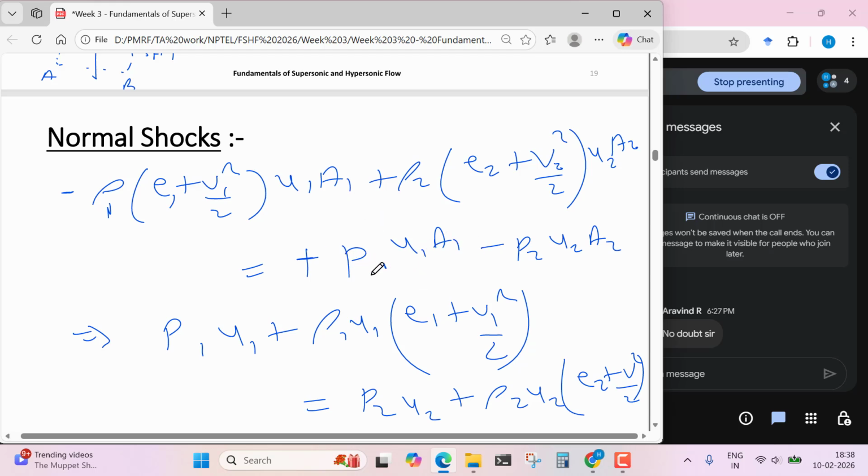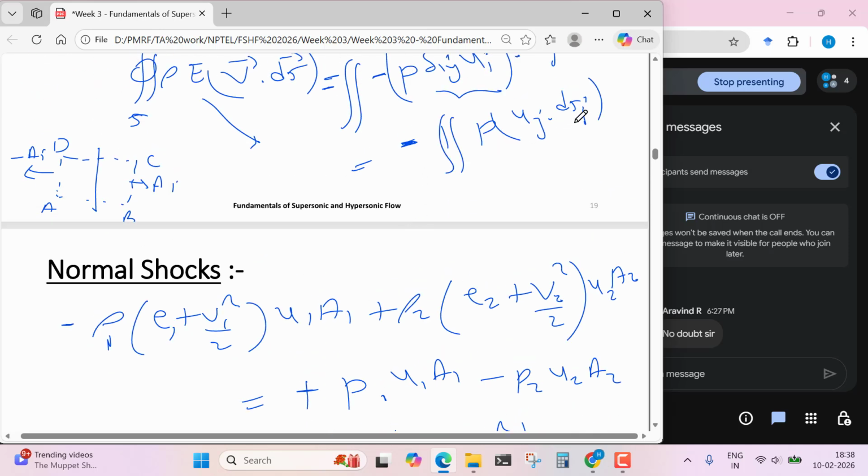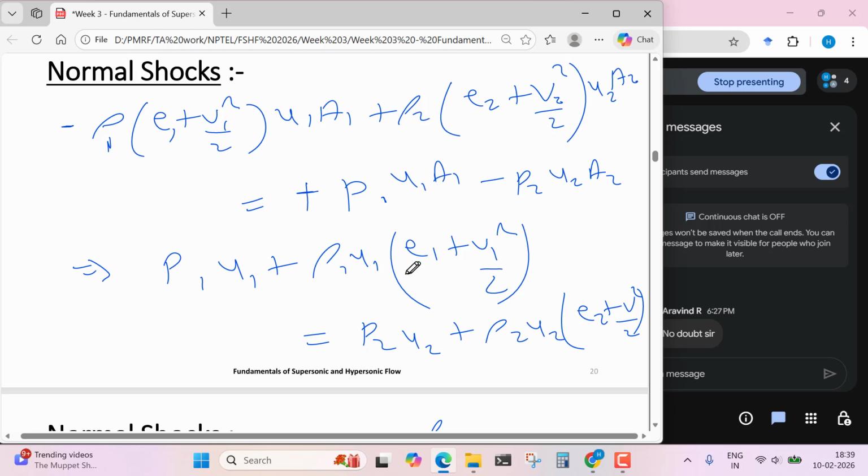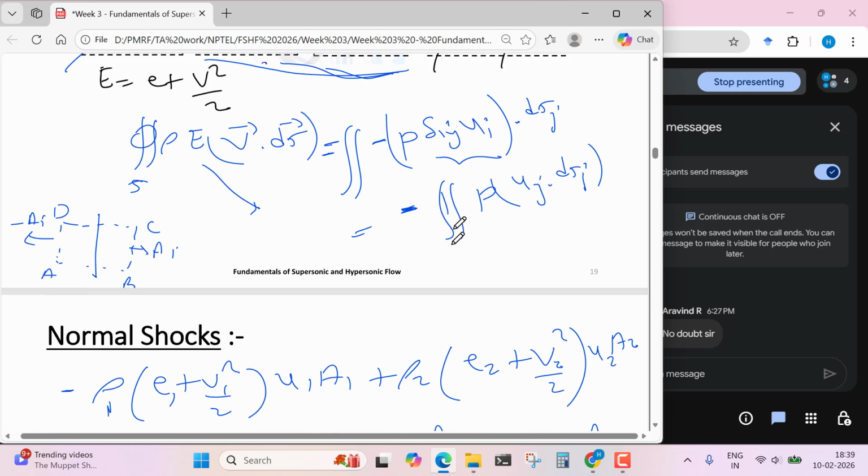Equal to P1, this is P1 U dot dS equal to minus AI, equal to minus A. So it will be P1 A1 U1 minus P2 U2 A2. Here for surface AD it will be P1 U1 into minus A1, and this minus minus will become plus.